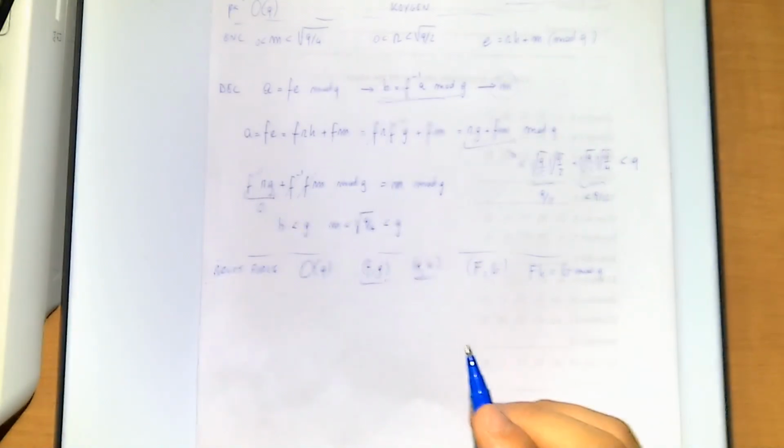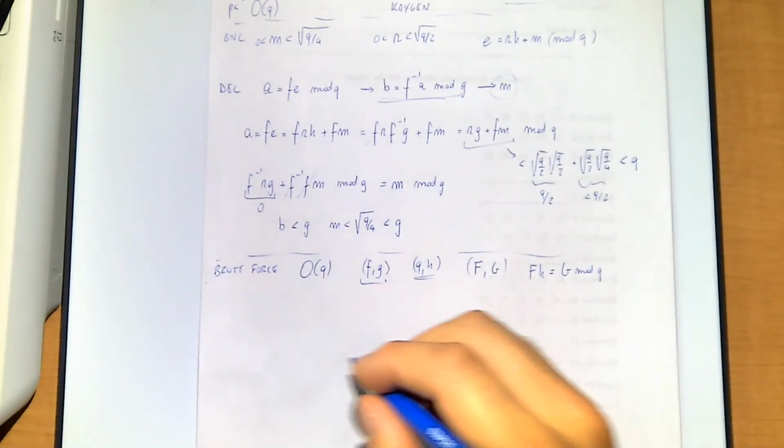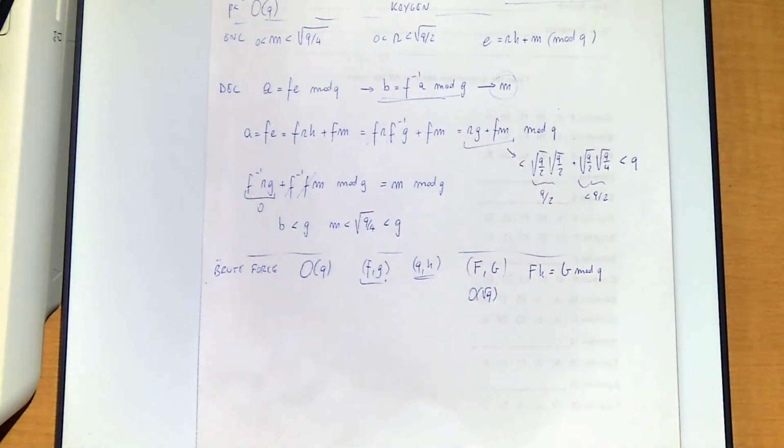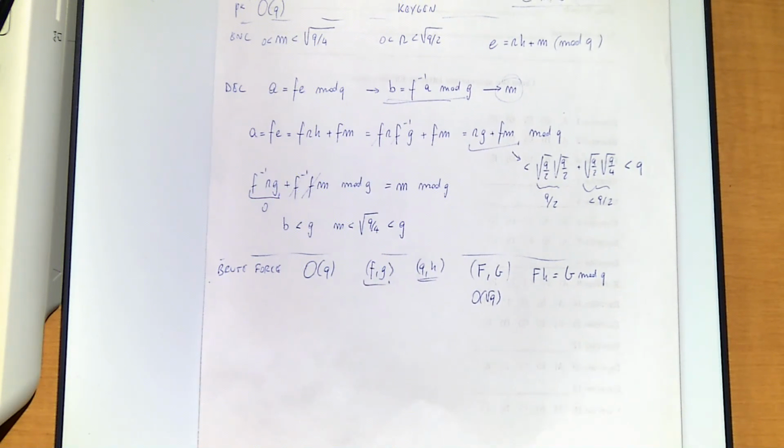But of course, I need to have both F and G each of order square root of Q, otherwise they don't satisfy the size requirement, right? So this would be an alternative key. It may not be exactly the same key, but it would work for decryption. It could be another integer of that size that still verifies that equation.